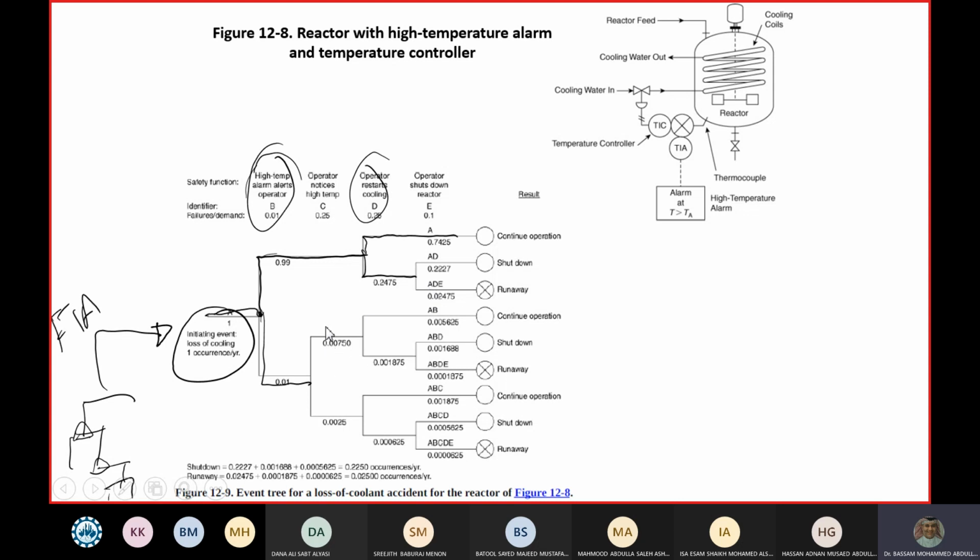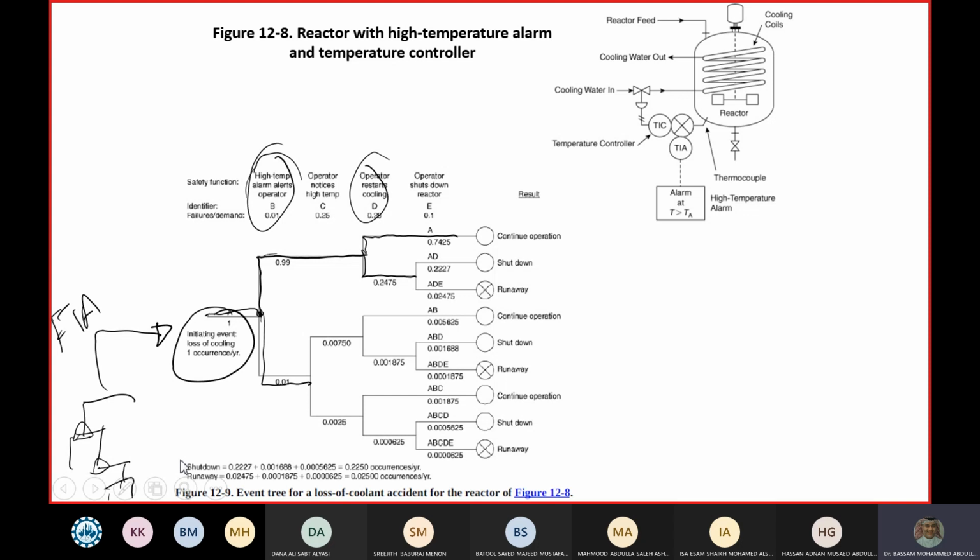Now again, this number here, we will multiply it by 0.25, and we will get 0.001875, and this is the failure. And then you take the rest, which is 0.0075 minus 0.001875 to get the rest. I'm doing the calculations very quickly, just to show you the details of it. How do you calculate it?